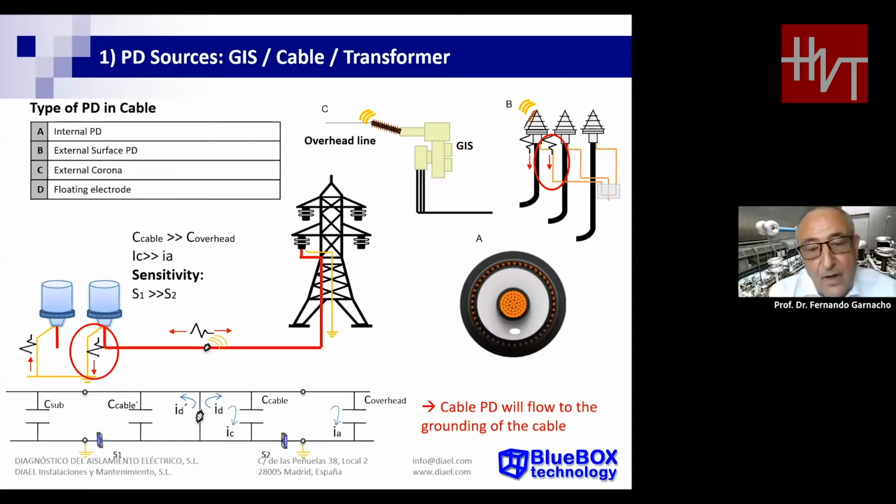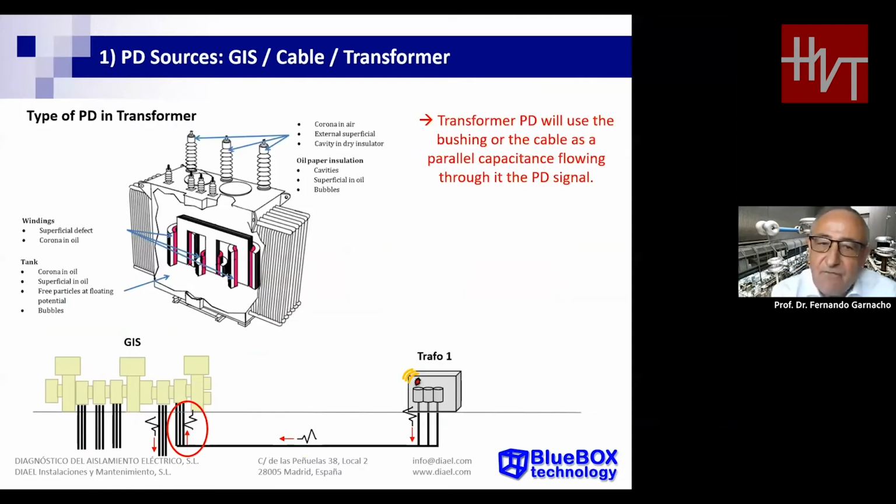A transformer is a complex machine, and we have many different kinds of PD sources. We can have PD sources in the bushing. In the bushing, corona, inert surface partial discharge, and cavities in the dry insulator can appear. We also have possibilities of partial discharge appearing inside the transformer, in the windings, or inside the tank.